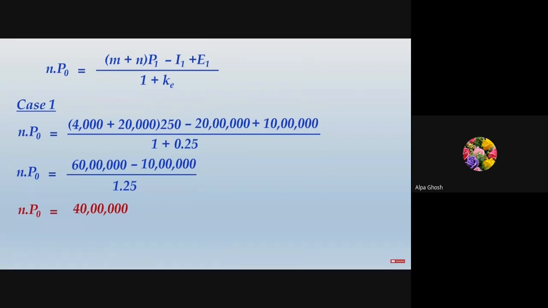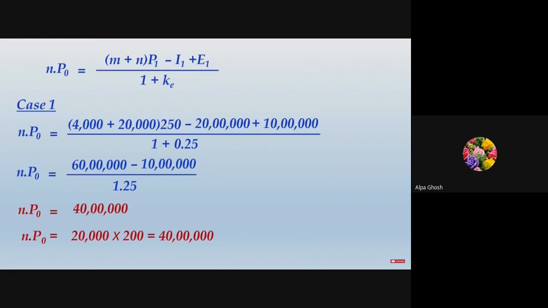And to prove amount matching with 40 lakhs, you can simply write NP0 equals 20,000 shares, that was N, and P0 as 200. So 20,000 into 200 gives you 40 lakhs, and the NP0 written above was derived out of the formula.